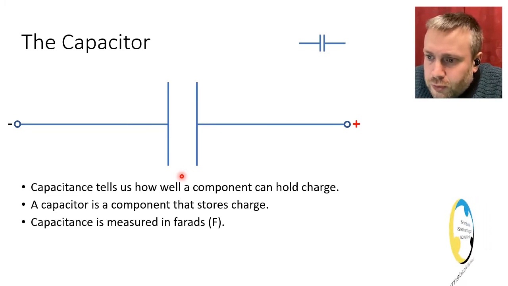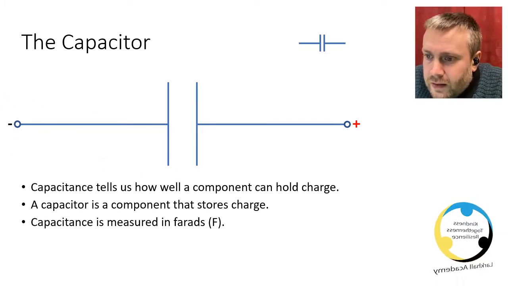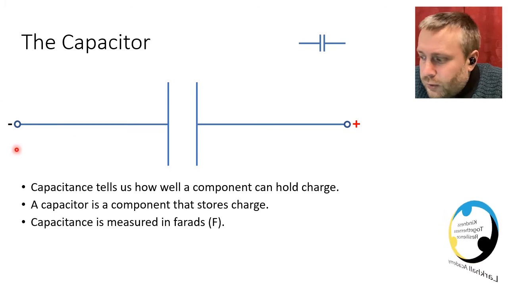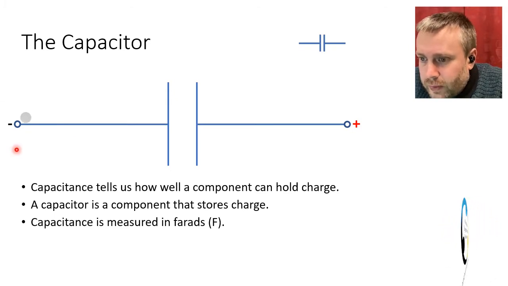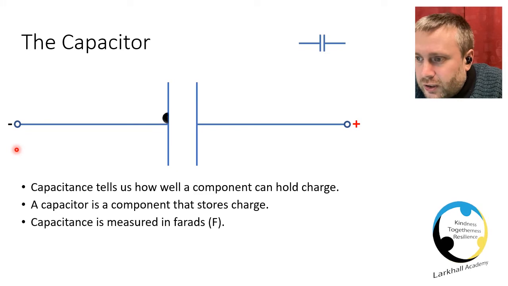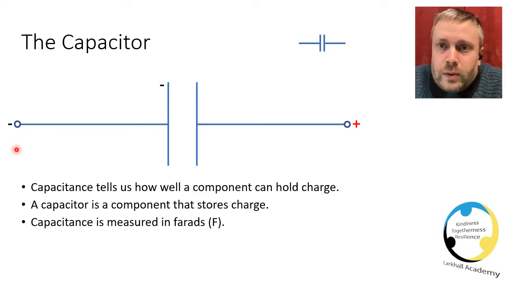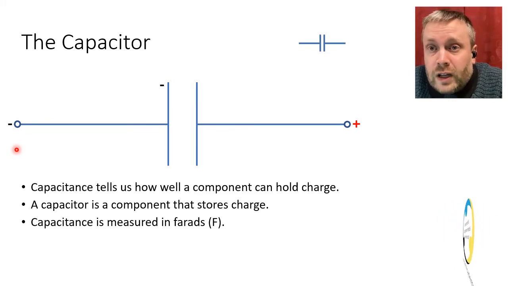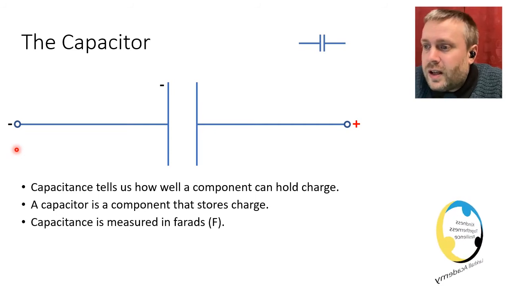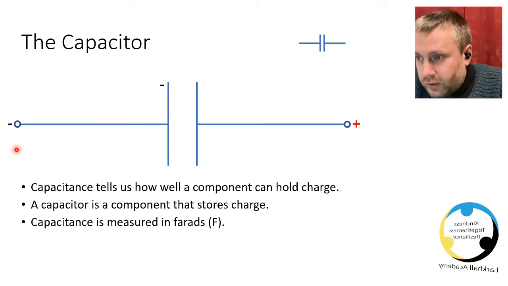So if we hook this up to the negative terminal of a DC power supply, an electron is going to come in and travel along to this plate, but of course it can't go anywhere once it's reached the plate, so it gets stored on that plate. That little negative electron gets stored on this plate.